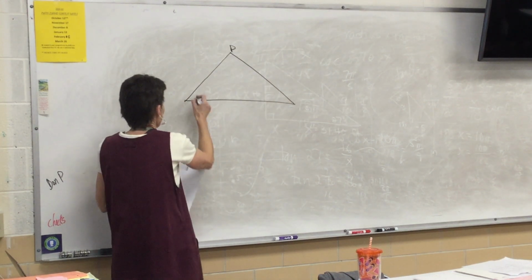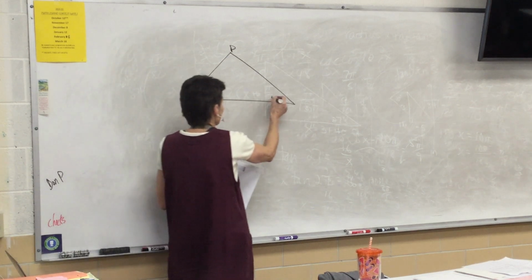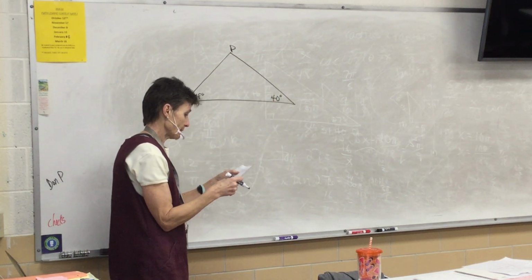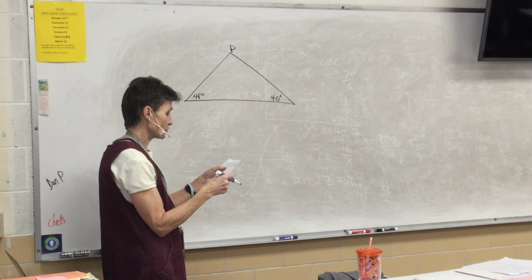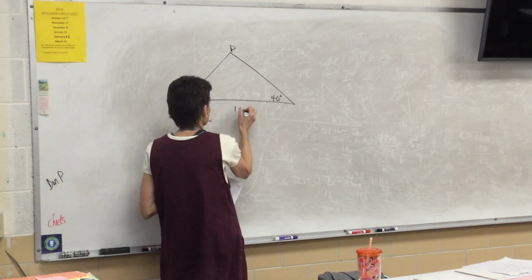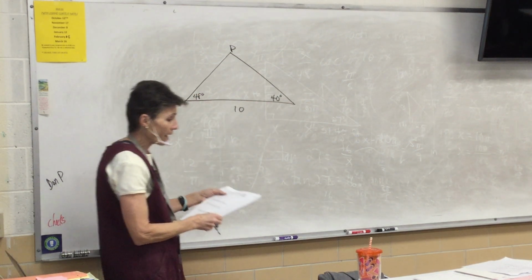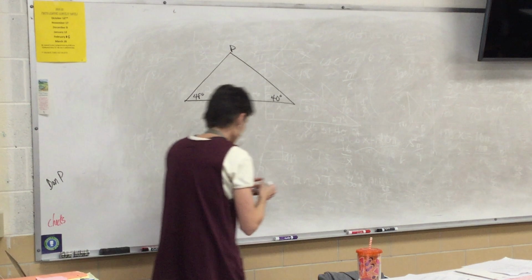So one of the angles is 48 and one is 40. And they're in the same plane. Okay, if the cables are attached to the ground 10 feet from each other, so this is 10. How high above the ground is the penguin?